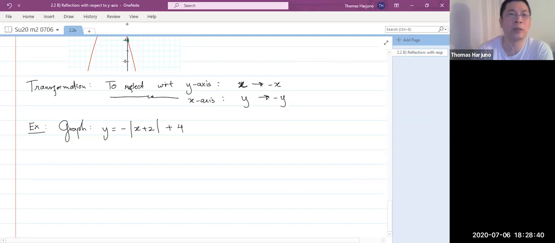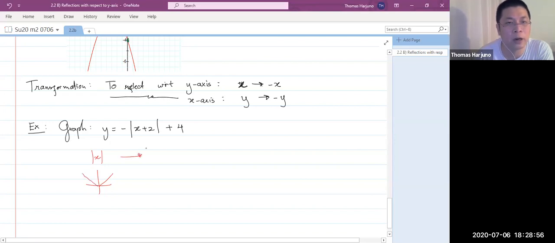There are 3 transformations here. The first one, we start with absolute of x. We know the graph looks like this. Then from there, you move it 2 units to the left. And then applying negative to the whole thing, it actually comes from y equals to absolute of x plus 2.